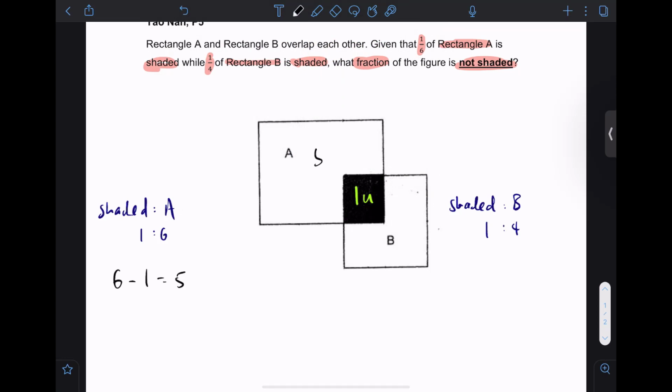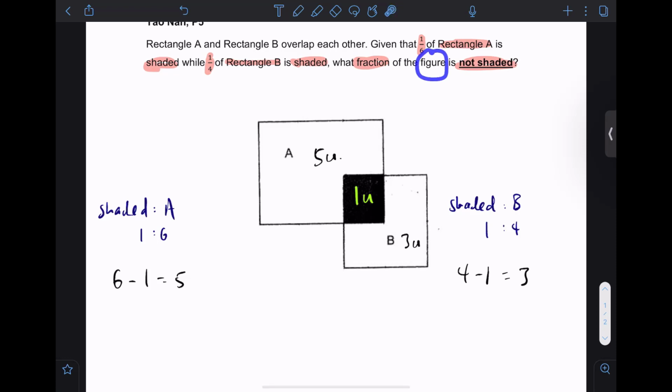So inside here will be 5 units. Likewise, if you go to rectangle B, the entire portion is 4 units, as indicated by this ratio. And over here is 1 unit. So not shaded will be 4 minus 1, which is 3 units. So inside here will be 3 units.